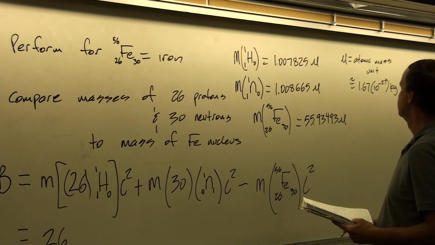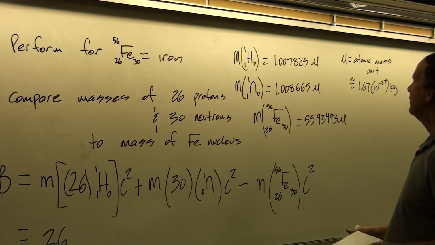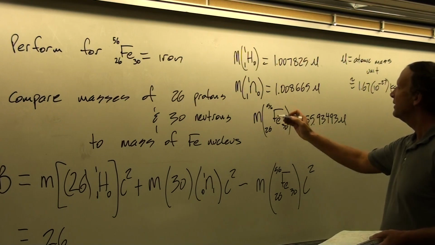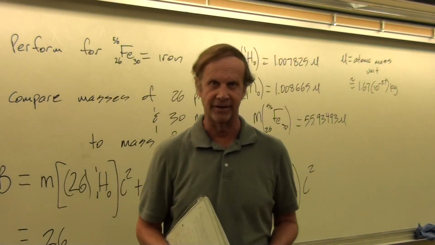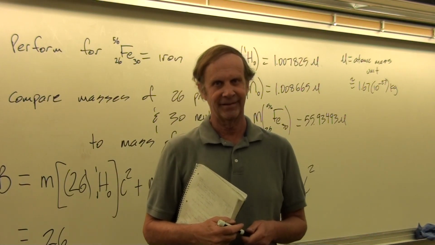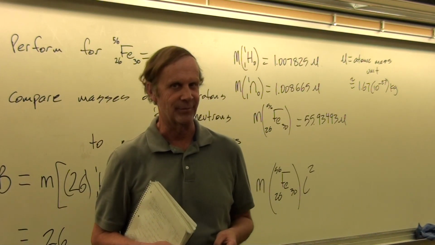Okay. So we might wonder here, well, is this really the mass of the nucleus, or is this an atomic mass with all the electrons circling around? And the answer is, well, it's an atomic mass, not a nuclear mass.